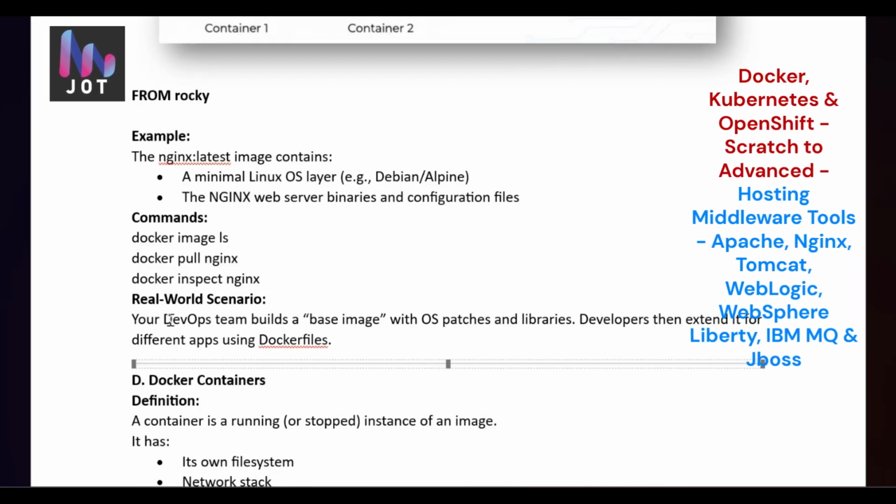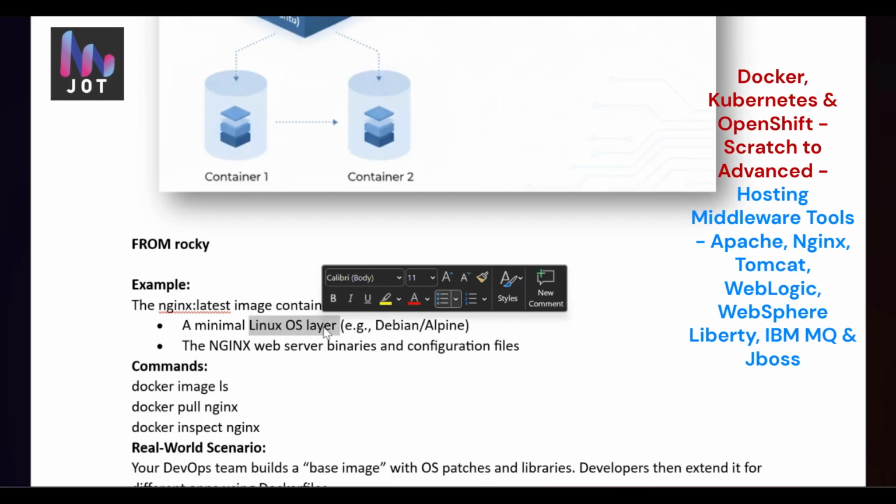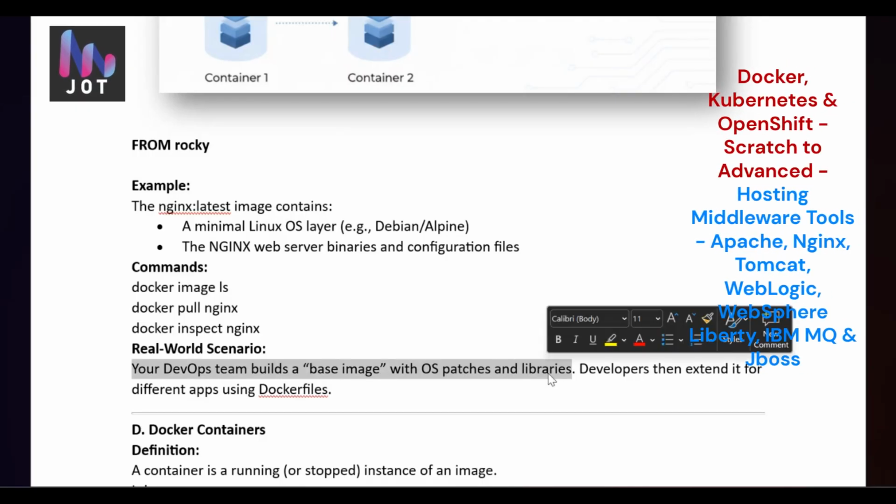In a real-world scenario, your DevOps team builds a base image. What is a base image? It is an image with OS patches and libraries, whatever libraries are required for Nginx and this Linux operating system, updated with operating system patches. This is done by your DevOps team.